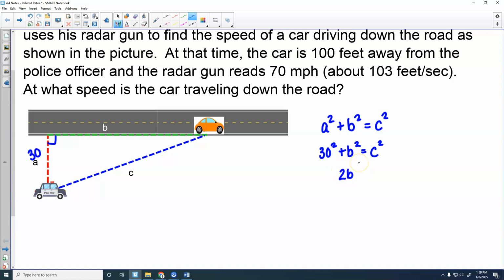But because that b is not a t, and that's what we're taking the derivative with respect to, we have to put dB/dt with it. And for our c squared, our derivative is 2c, and we have to put a dC/dt with it.